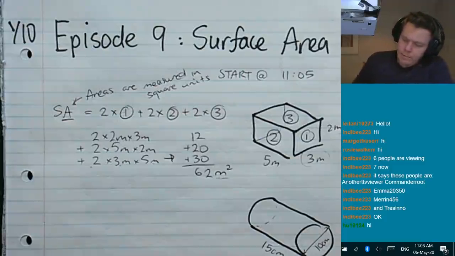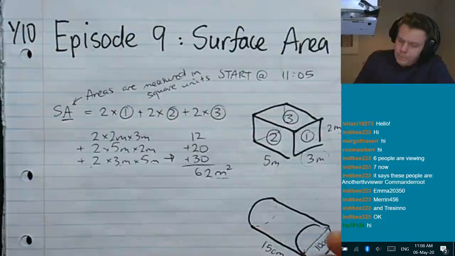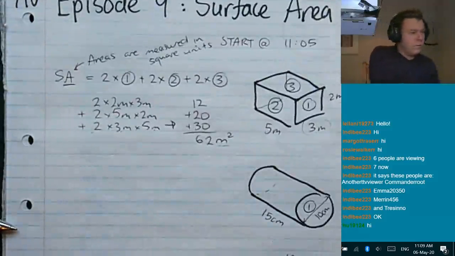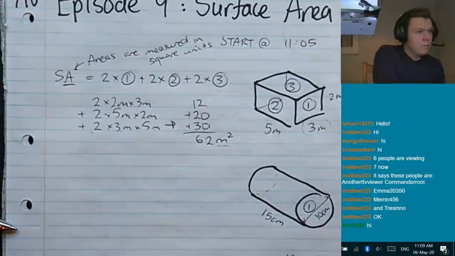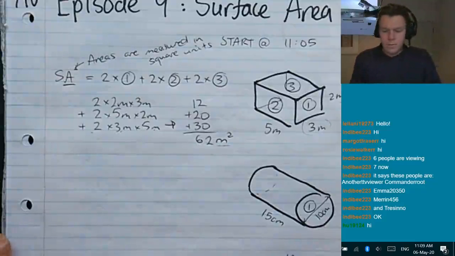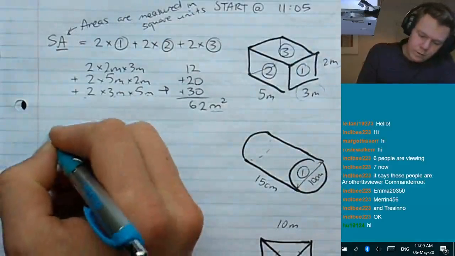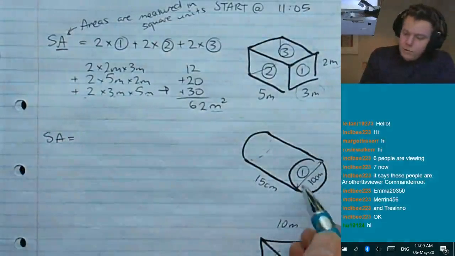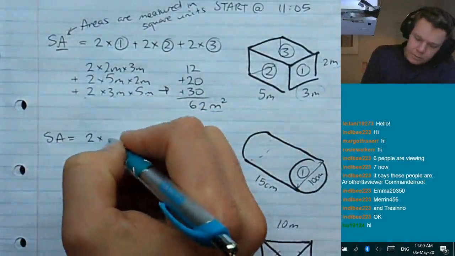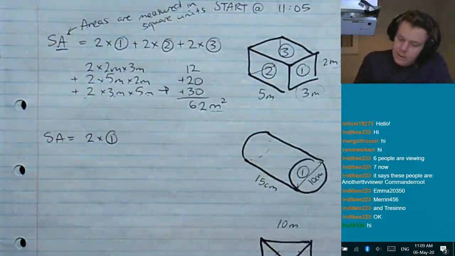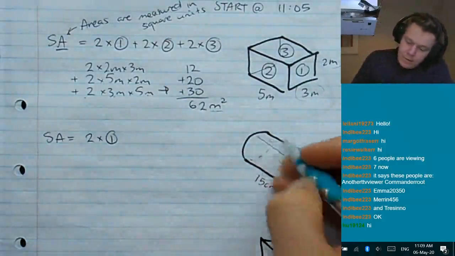Okay, moving on to our cylinder. For our cylinder, we have this side 1 here. The surface area is going to equal 2 times side 1, plus the other side.